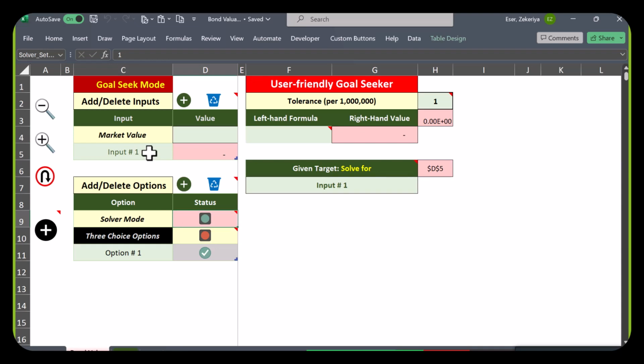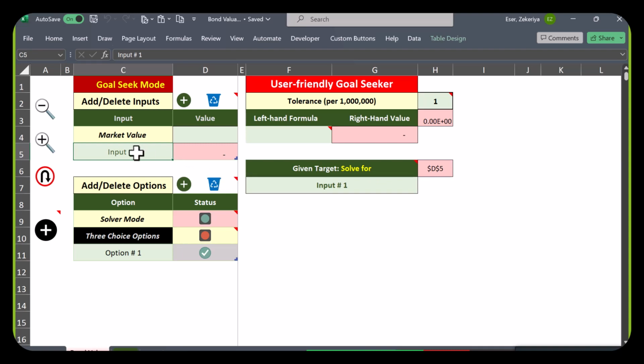Sometimes I'm going to give the market value as given information, and we're going to figure out one of the inputs as an unknown. Okay, what are my inputs? I have coupon rate, coupon frequency, face value, yield to maturity, and time to maturity, right?